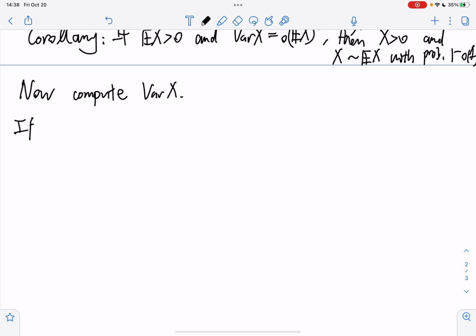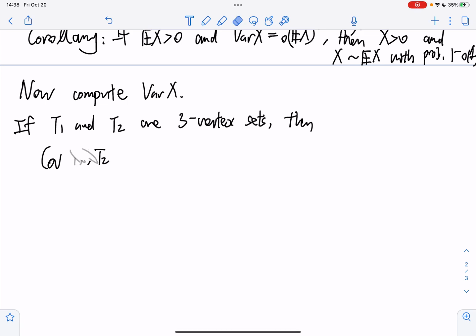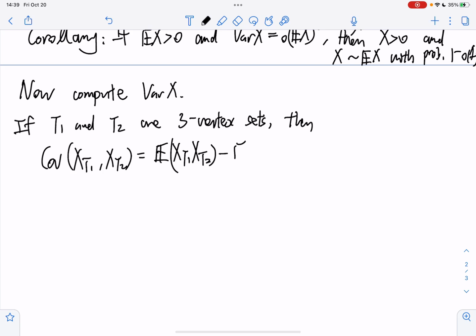If T1 and T2 are two 3-vertex sets, then the covariance of the indicator functions over T1 and T2, that is, whether there are triangles, is the expectation of x sub T1 times x sub T2 minus the product of their means. This equals p to the power of the number of edges in the union of the two sets, minus p to the power of e(T1) plus e(T2).